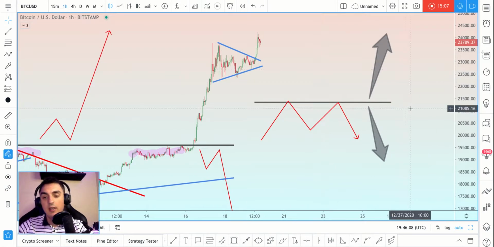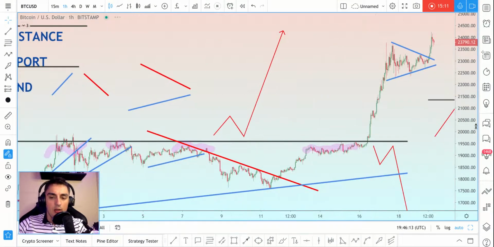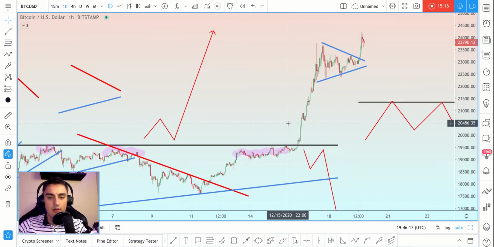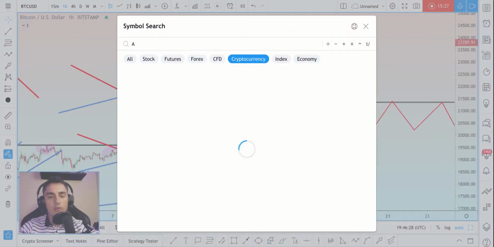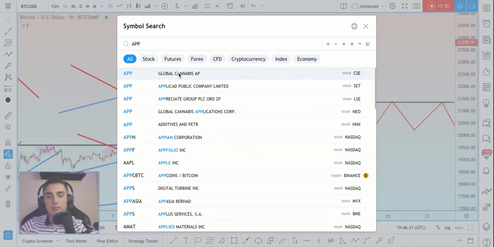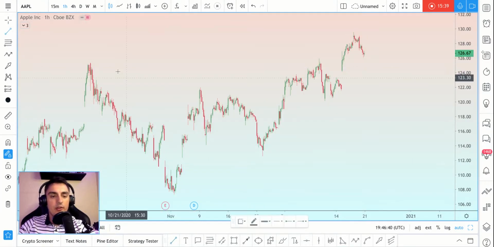So basically, that is a very simple explanation of the trend lines, the supports and the resistances, and don't forget that all the rules that we are looking at here can be applied to every single chart on the market. If you're trading stocks, for example, you can have pretty much similar shapes, similar trend lines.